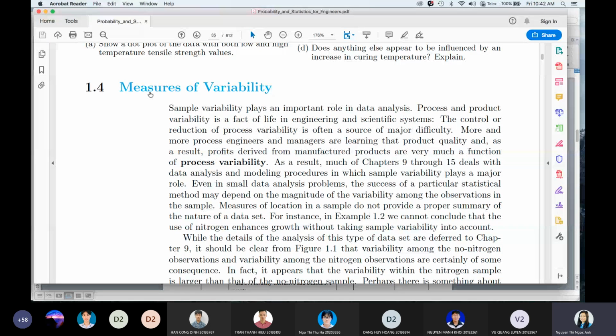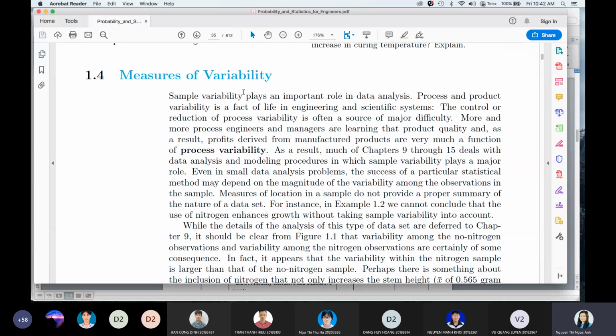Now we move on to the measures of variability. Measures of variability show you the difference of the data from the mean. For example, there are two students, A and B. Student A has a mean score of 7, and student B has a mean score of 7 too.